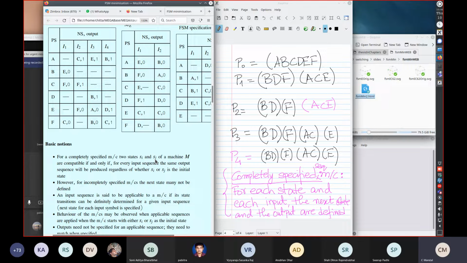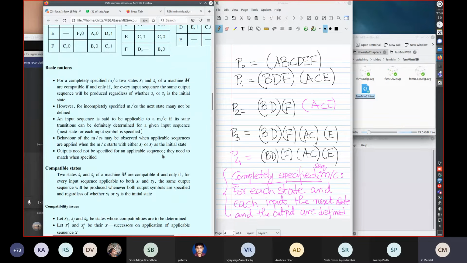So I think that part is missing. An input sequence is applicable to a machine when it is in a certain state. If it is in, say, state Si, then starting from Si, all the transitions should be defined for that sequence. That is the notion of an applicable sequence.